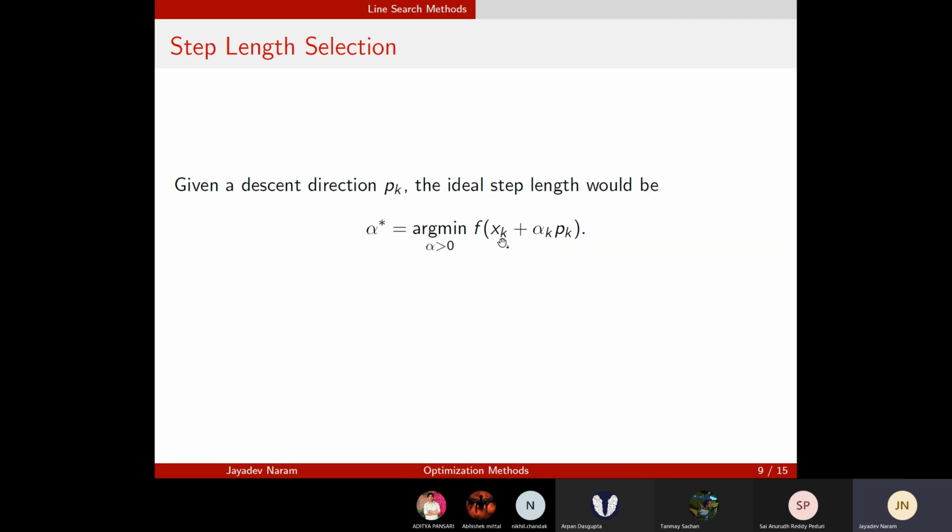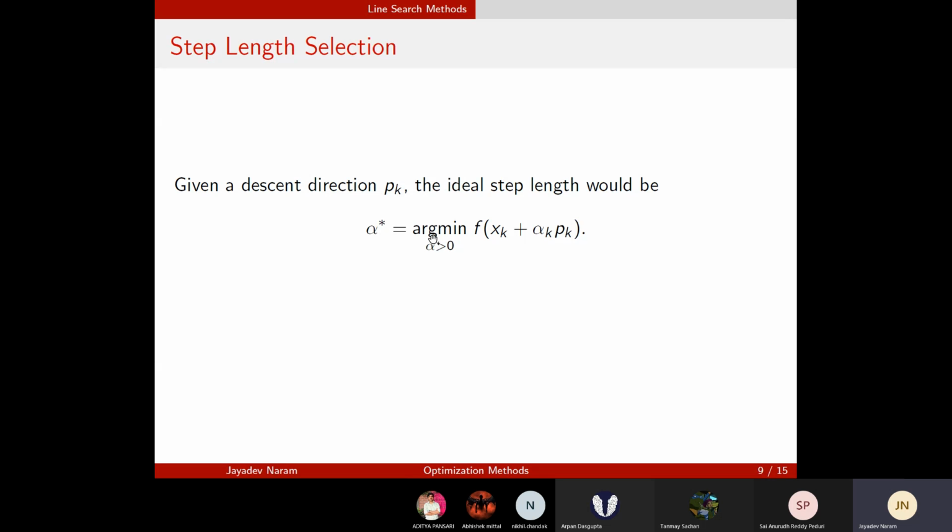So the minimum along this ray should be the ideal step length. But usually it turns out that solving this problem itself is again in whole a difficult problem. So we usually want to solve this problem iteratively.